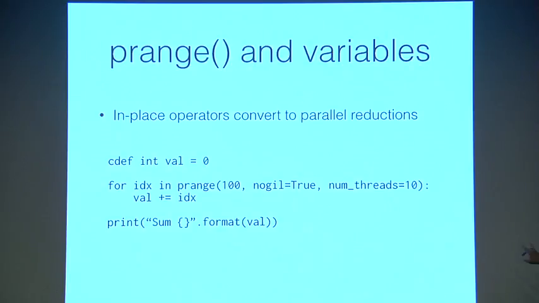So there are 10 threads going across there, so each of them is going to process about 10 objects. Each one sums up its 10 indices that it encounters, and then at the end, they're summed together. Probably just using the plus equals again, but I think it may actually inspect what operation was used. Okay.